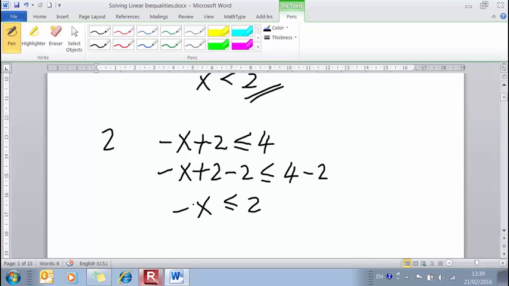Before we proceed to eliminate the negative sign here, do note that negative x here means negative 1 times x. And therefore, we are going to solve negative 1x less than or equals to 2.